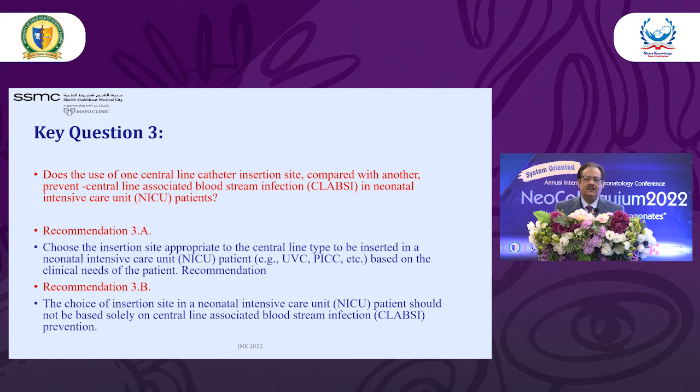But for example, in our unit, for babies less than 28 weeks, we only put the UAC. For 28 weeks and above, we put a peripheral line. We start the antibiotics and feeding right away at day 1, and most of the time we do not need a central line.